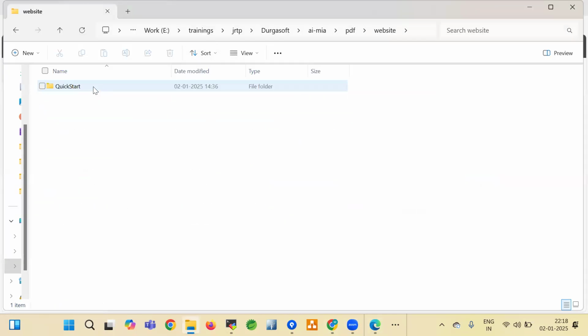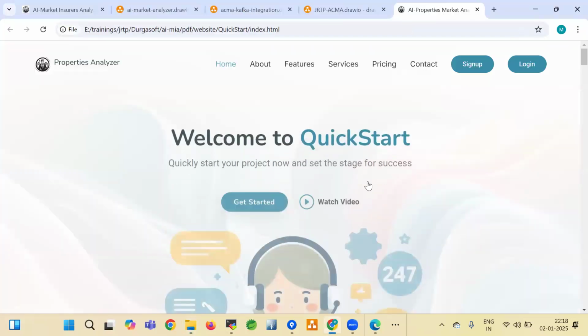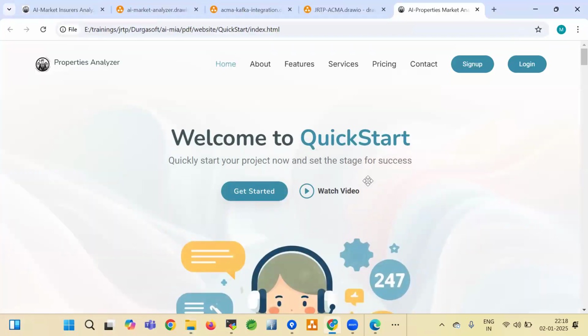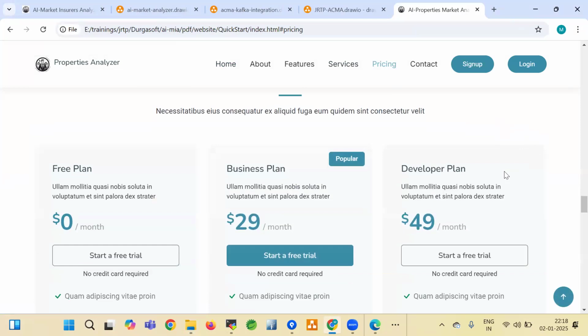We have our website. If we go to the pricing, there is a pricing model. Our market insurance analyzer, properties analyzer, is helping the insurance companies, the insurance agents, and the property owners.